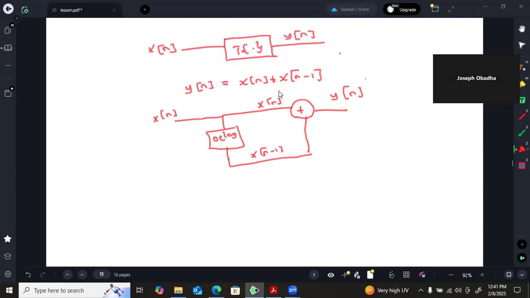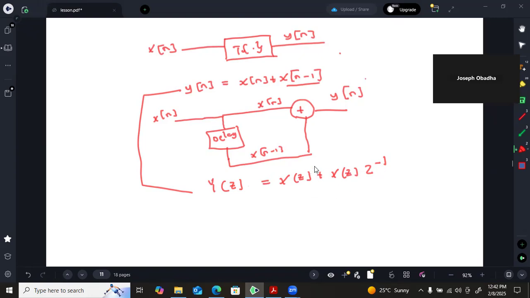So how exactly do we implement the delay? We saw in the lessons of Z transform that if I obtain the Z transform of this function, I will have y of z equal to x of z plus x of z times z raised to minus 1.